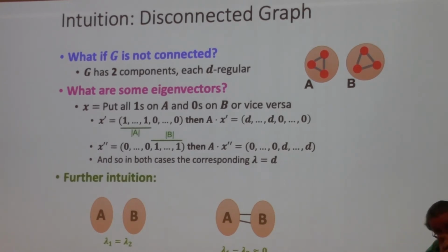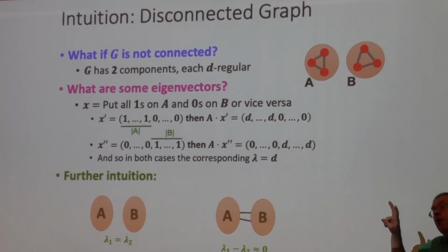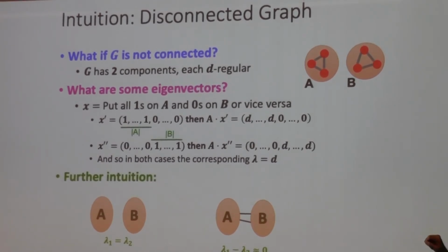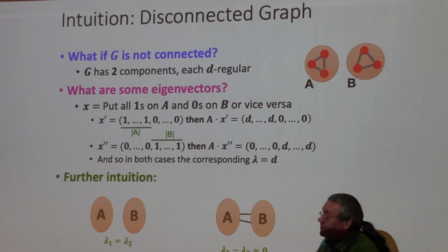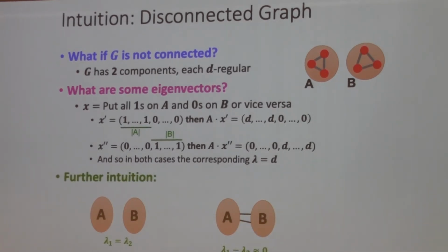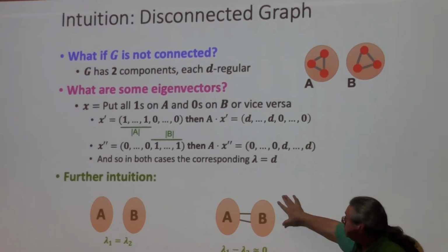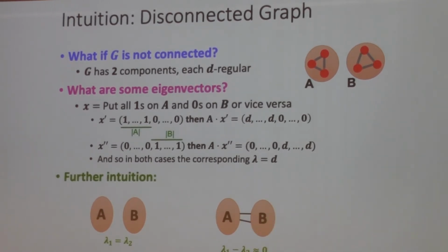But if it's a small number and it's not 0, then the graph is almost two components. So this Eigen Gap tells you how you could split the graph. Okay? So that's interesting, right? That gives some intuition on connecting graphs and eigenvalues.